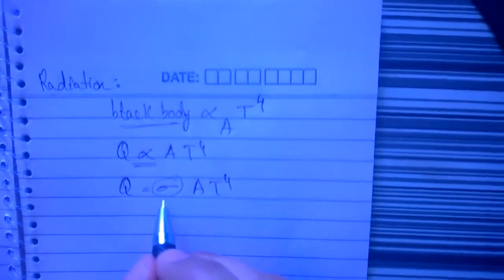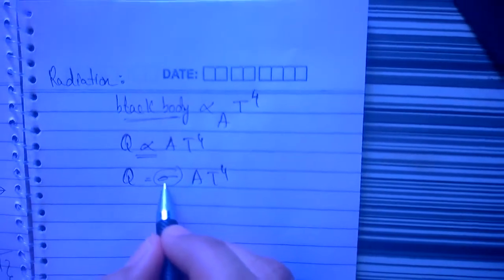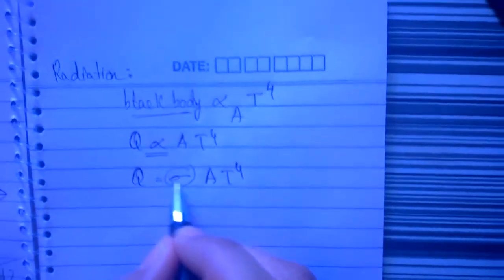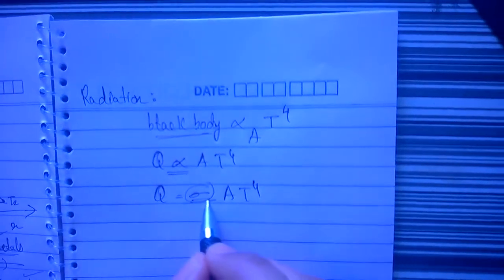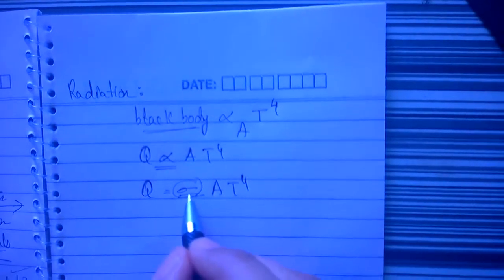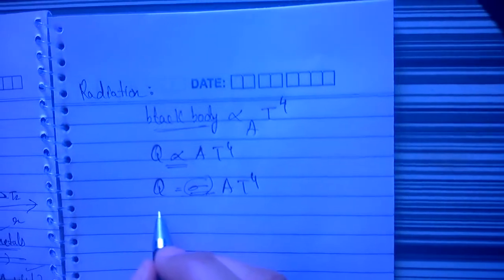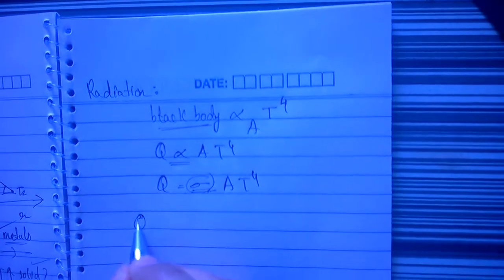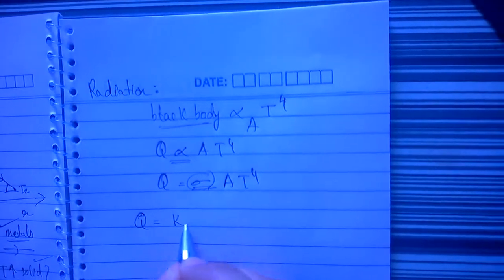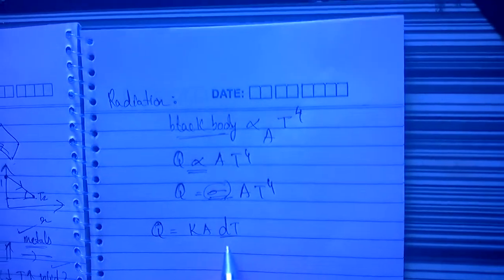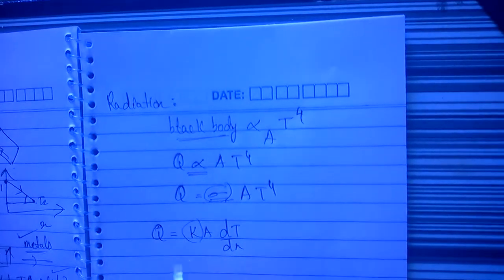Now it is very essential for us to know these constants, their values, and more importantly, their units, which can easily be found by just rearranging the equation. Let's say, for example, we take Q equal to K into A into dT by dx, and we want to know what exactly K is.